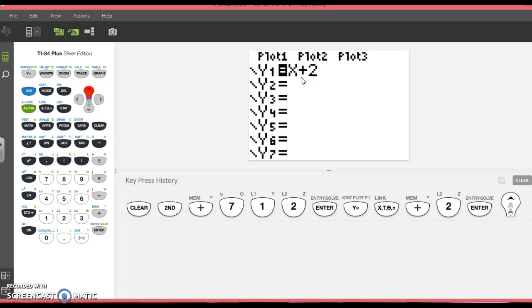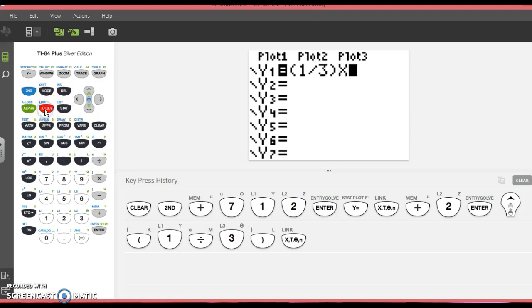Okay, so watch how you have to enter 1/3 x. Put parenthesis 1 divided by 3 parenthesis x. Make sure the coefficient of x is in parentheses if it is a fraction. And what was it? -3.